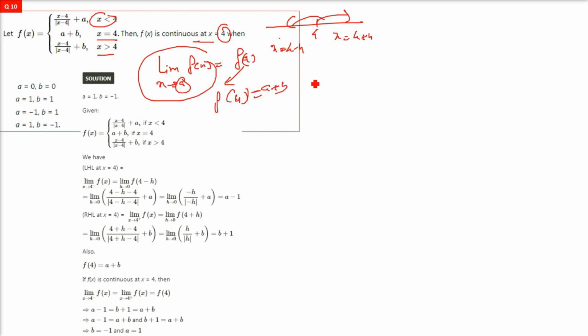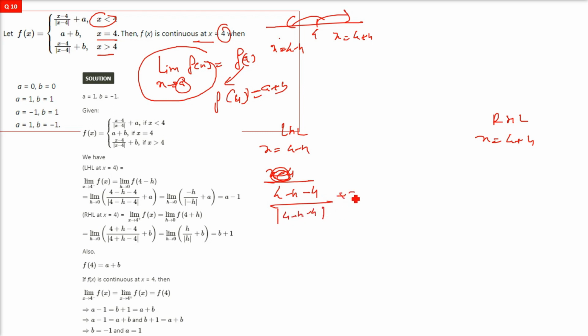Now, let us see what we can do here. We will do the LHL and RHL, left hand limit and right hand limit, together. We place x as 4 minus h and x as 4 plus h in the case of LHL and RHL, as I indicated. For x minus 4, I am replacing it now: (4 minus h minus 4) divided by mod of (4 minus h minus 4), plus a.